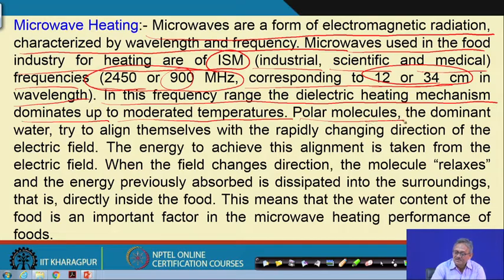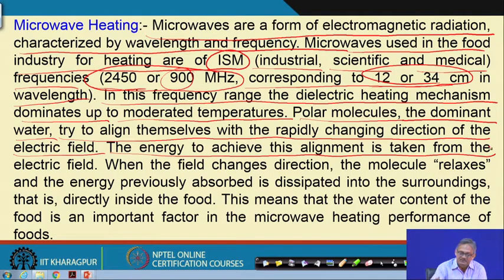Polar molecules, the dominant one being water, try to align themselves with the rapidly changing direction of the electric field. The energy to achieve this alignment is taken from the electric field.